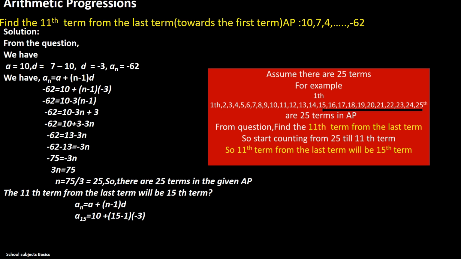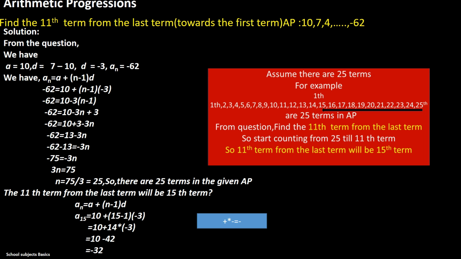So the next step: a(15) is equal to 10 plus 14 into minus 3, that is 15 minus 1. Here 14 into minus 3 can be written as minus 42, since plus into minus is minus. So 10 minus 42, and the answer is minus 32.